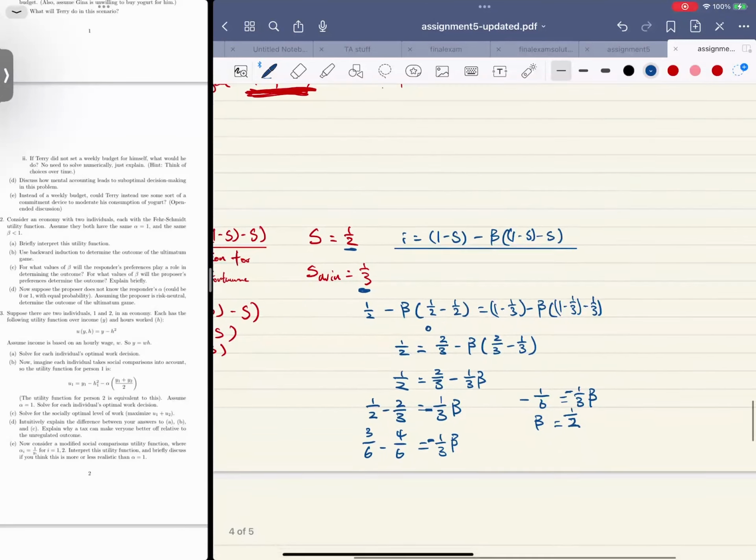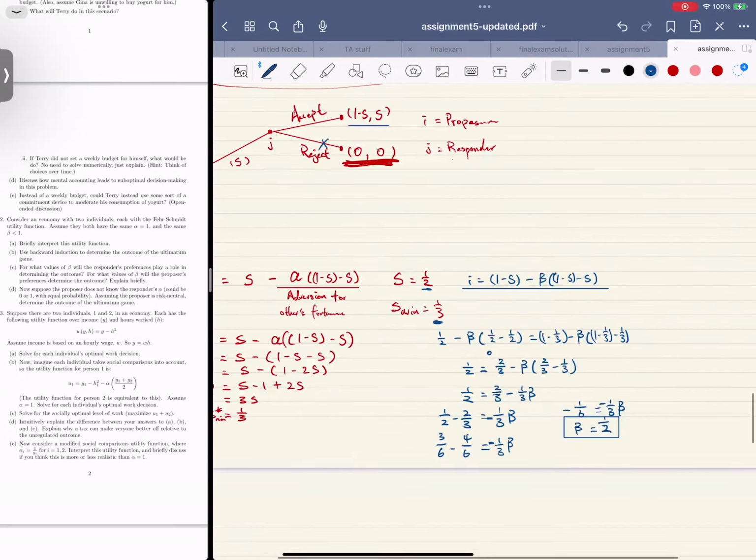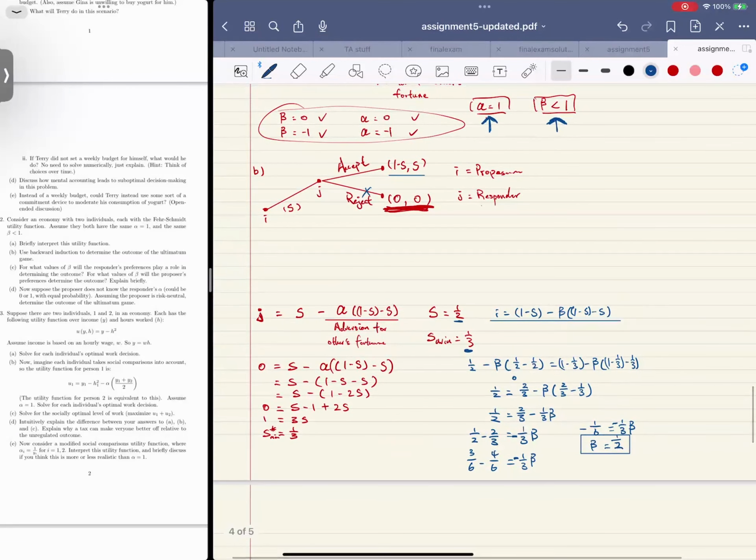So your critical point would be 1/2. At beta equals 1/2, the proposer is indifferent between giving amount S or giving amount S min.